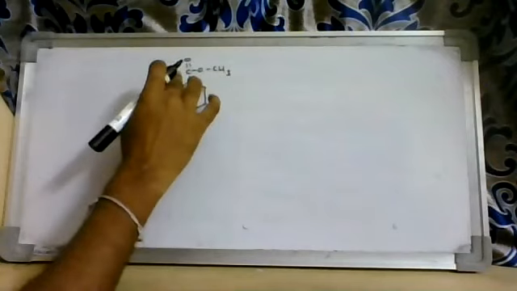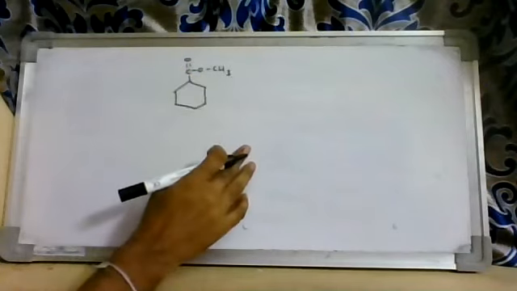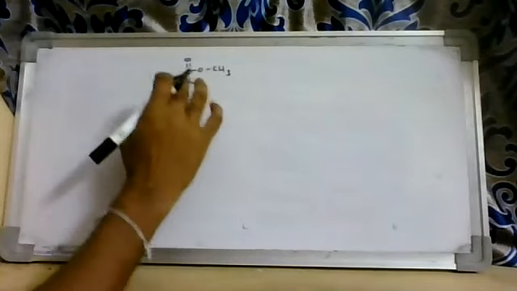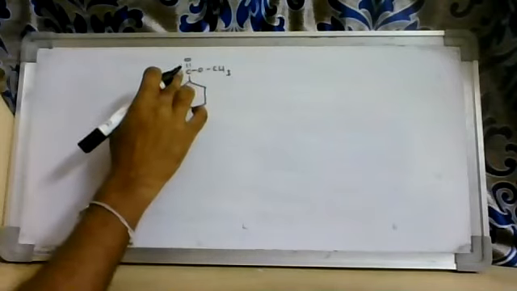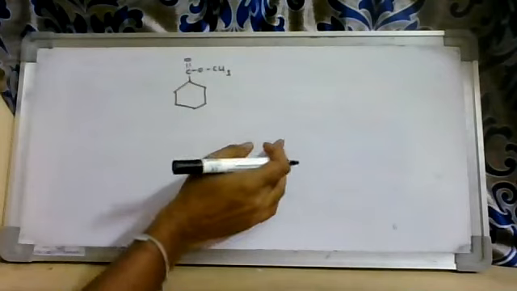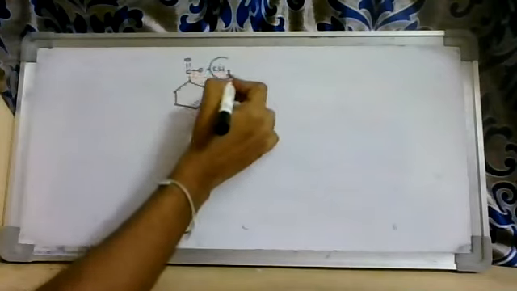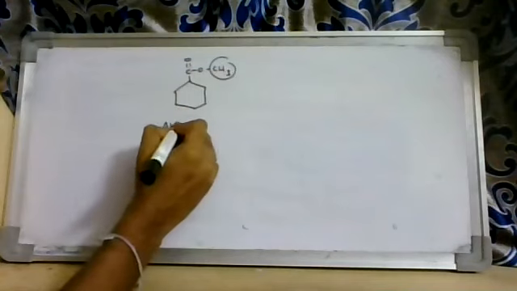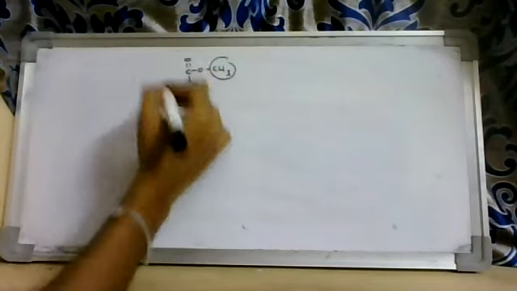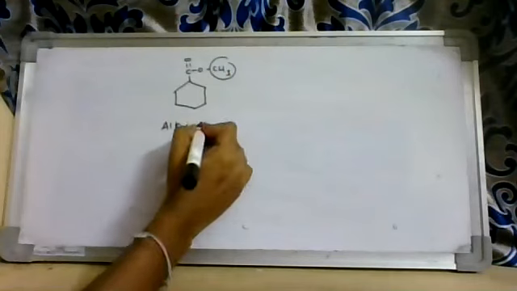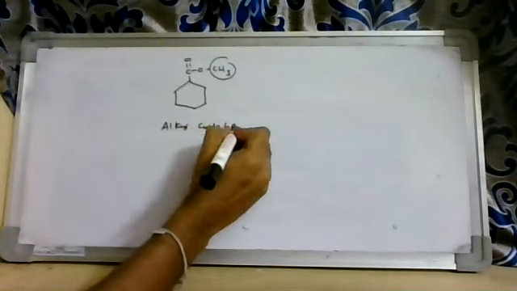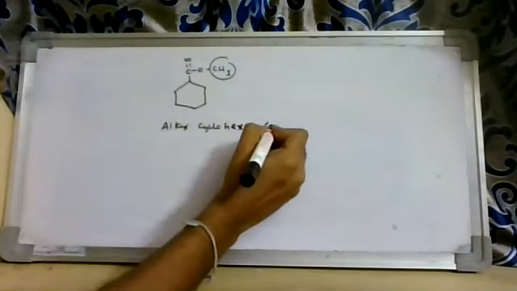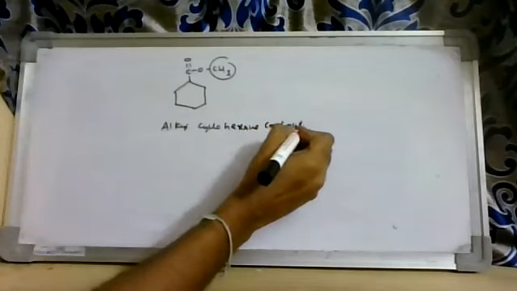Here C double bond O is outside of the ring, so we don't give a number to the C double bond O. First write the oxygen attached part, which is alkyl. Next is cyclohexane carboxylate.